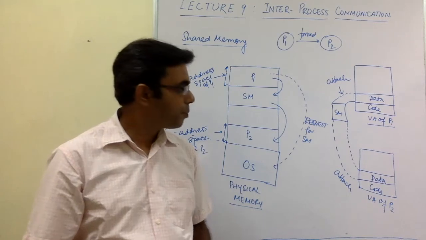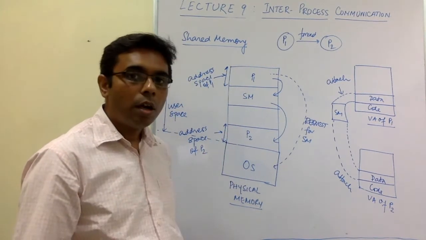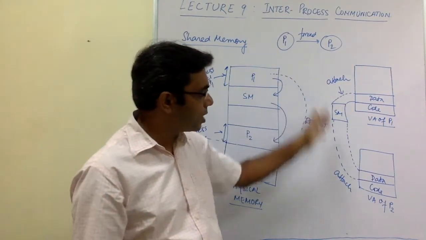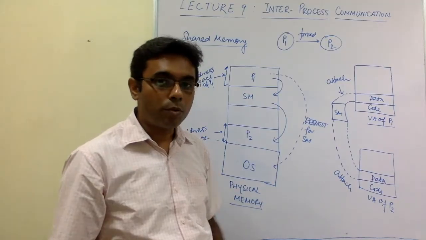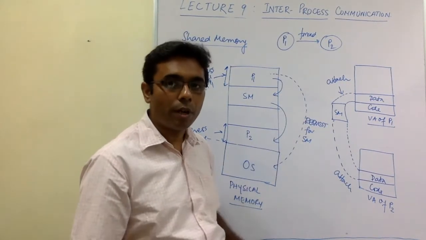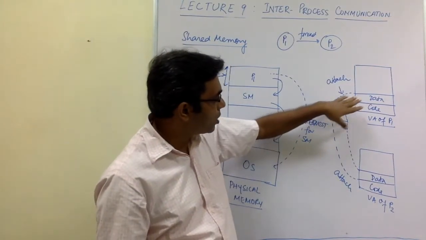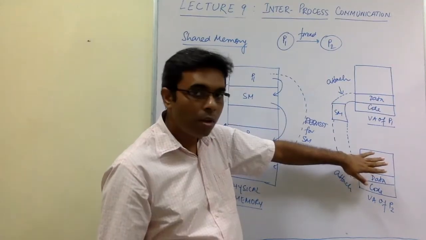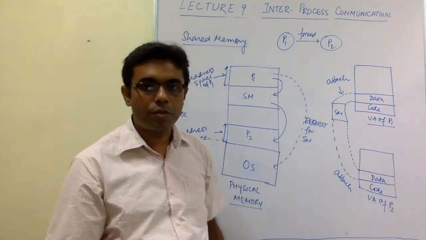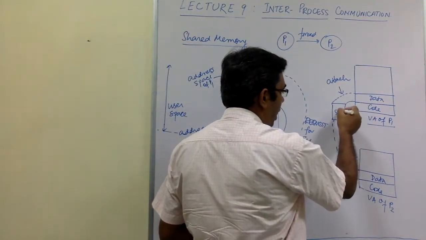Okay. So now how does the OS carry out these request, attach, etc.? Once the job of the shared memory is over, let's say some shared memory was attached to processes P1 and P2, and after the segment got attached, P1 would write something into it, and P2 would be reading.